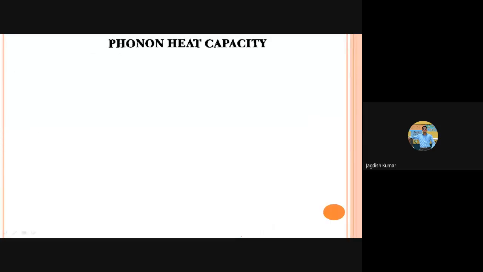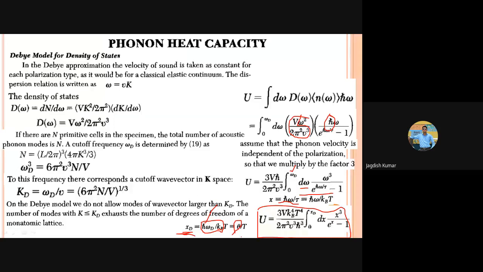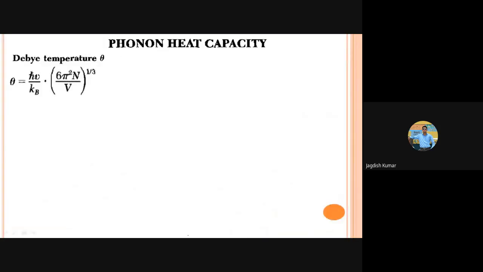Once this is done, this is what the Debye temperature is. What we have done here is just substitute the value of omega D, in terms of N and V, just a rearrangement.